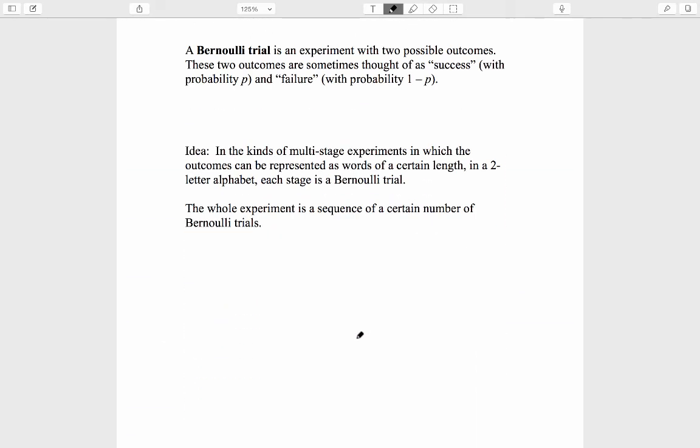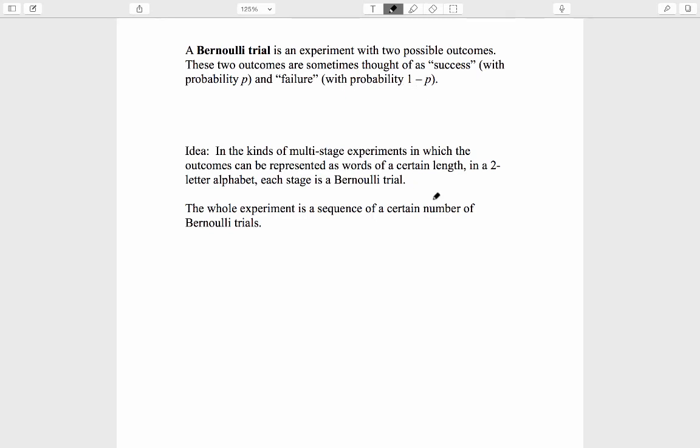Having done a few different examples now, we introduce a new piece of terminology, a Bernoulli trial, named after Jacob Bernoulli of the Bernoulli family of Swiss mathematicians. So a Bernoulli trial is an experiment with 2 possible outcomes. These 2 outcomes are sometimes thought of as success, that has probability p, and failure, which must have probability 1 minus p.